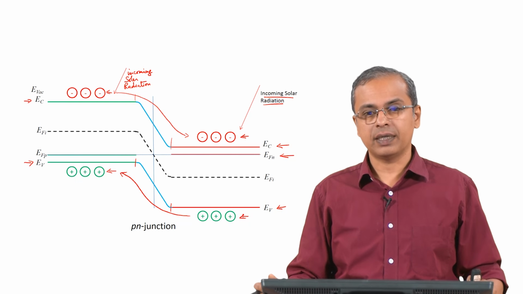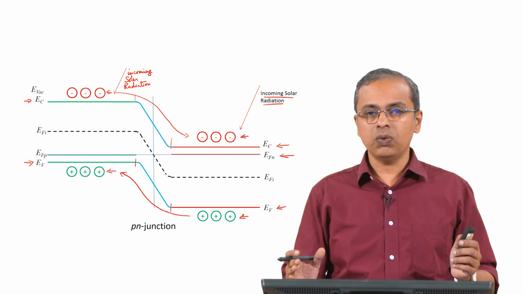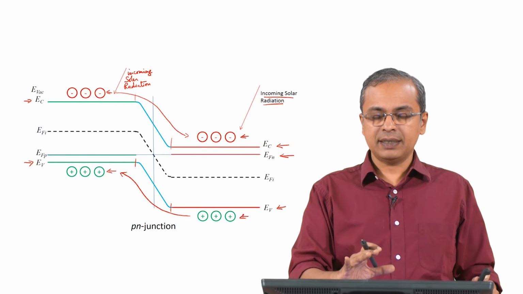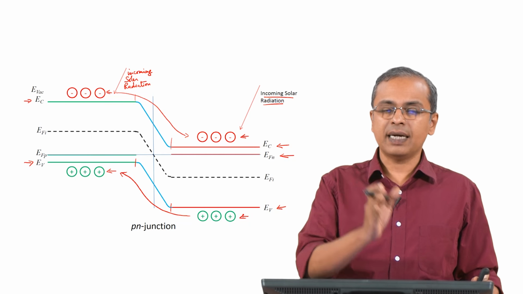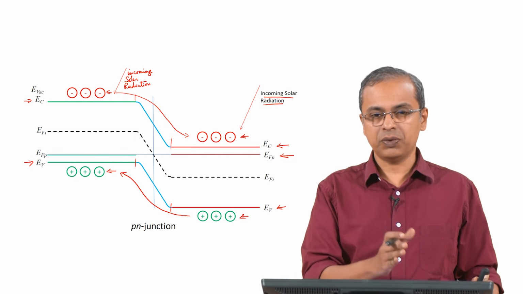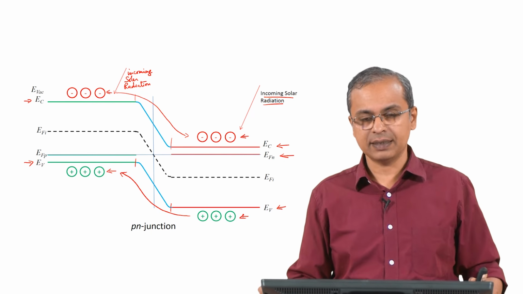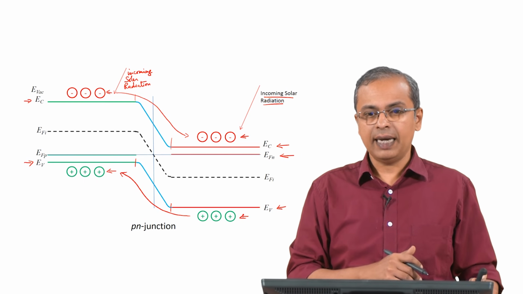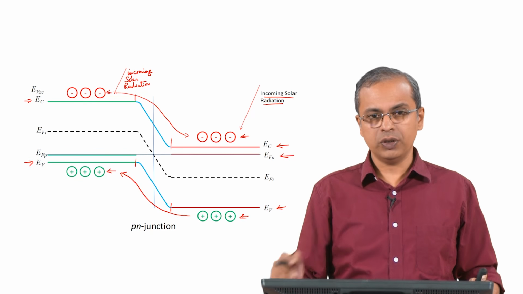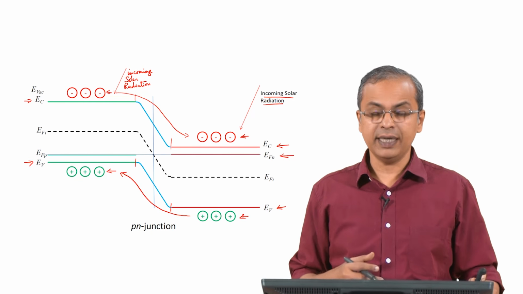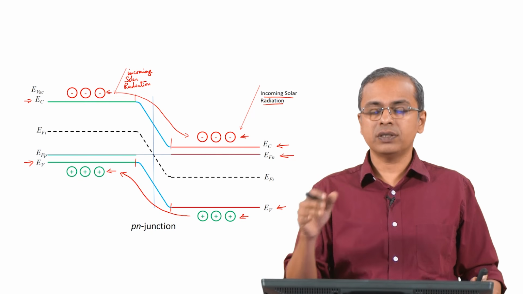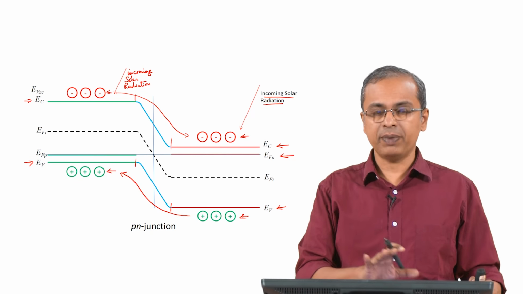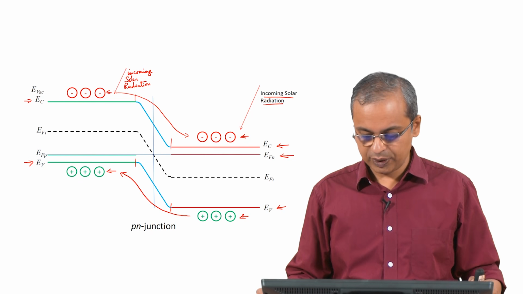This is what you are going to see, and that is how the sample now behaves. You initially formed a p-n junction and already had a transfer of charge from one side to the other, and that created your space charge region. Over and above that, you put solar radiation on it and created more electrons and more holes, with transitions occurring on all sides. Then these electrons gathered together in one location and the holes gathered together in another location, driven by the ideas I have shown you in this slide.